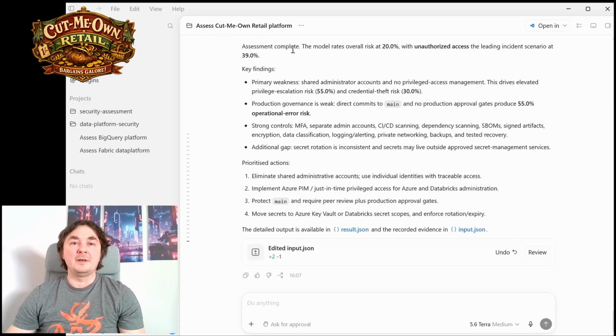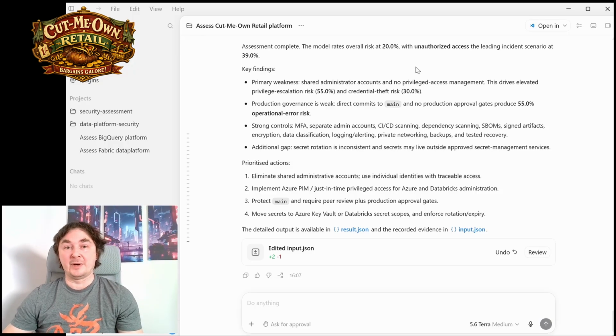Okay, and we have the assessment score. The final risk, as you see, is at 20%, with unauthorized access leading the incident scenario at 39%. Well, it kind of makes sense that unauthorized access can be the issue if you have contractors and their passwords never expire, their accounts are never deleted.